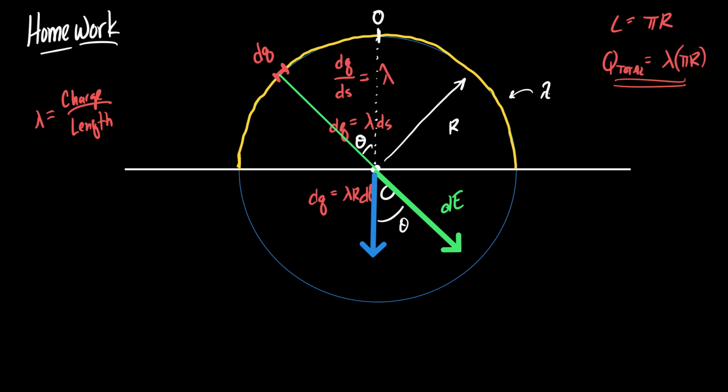So when I talk about pointing to this charge, let me see if I can rewrite this so we can see it. I think dq will be lambda r d theta, where this theta and this theta are the same. Is that all okay? So I think that's the answer to question A. I'll use that as my dq.